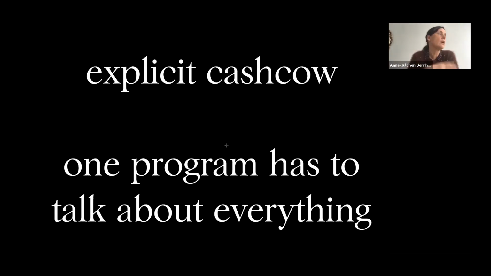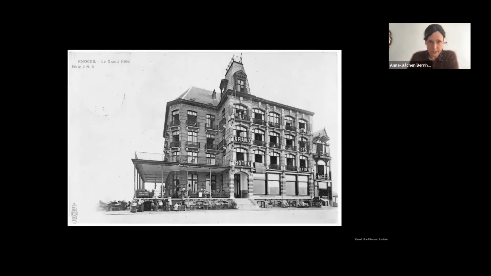After the progress of the whole thing, there was a bit of diversity within the program, but it changed. When we started to design, there was only the hotel left. So the hotel is the explicit cash cow.